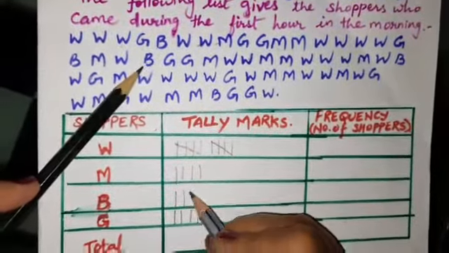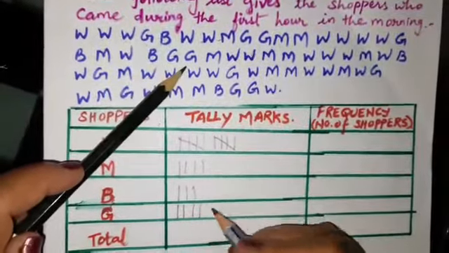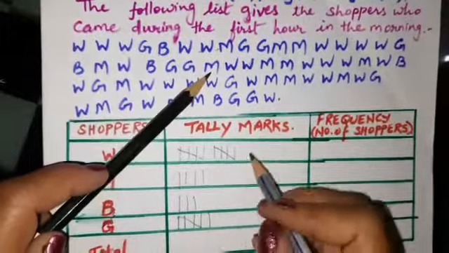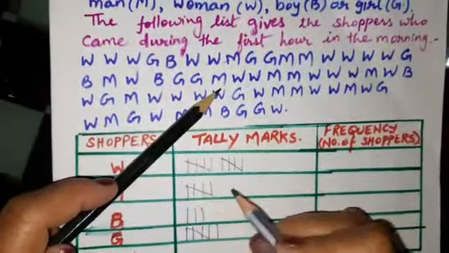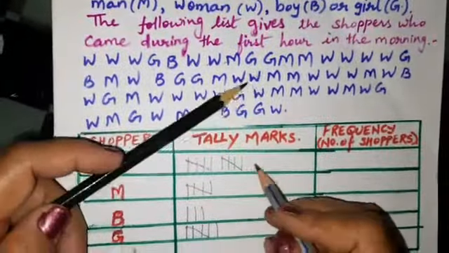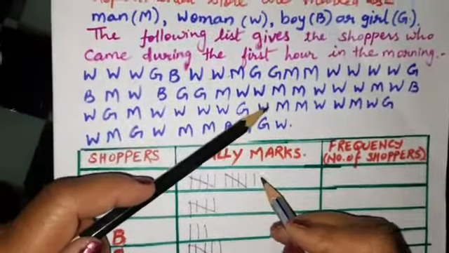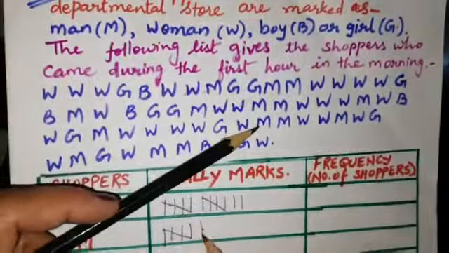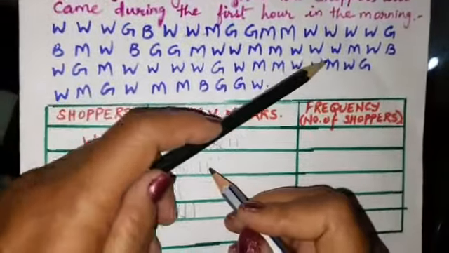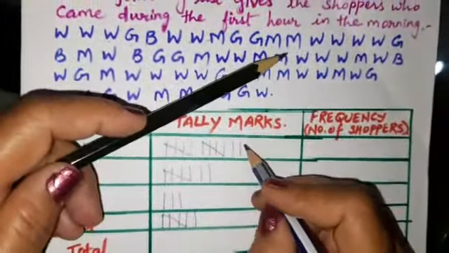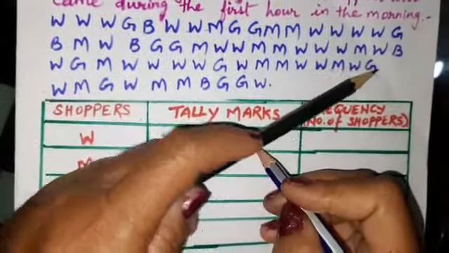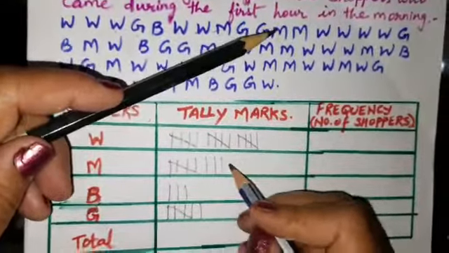Then B, G, so G, M, W, then M, W 3 times, so W and W.